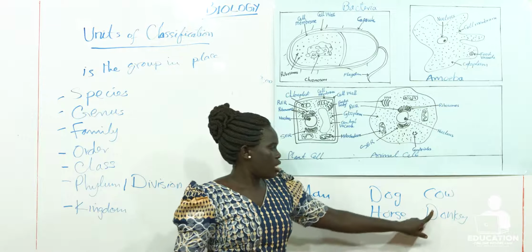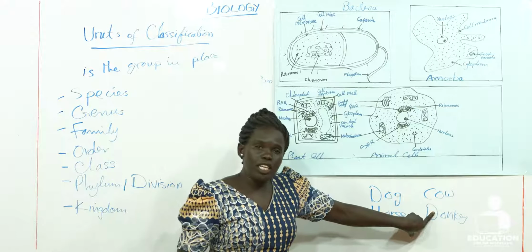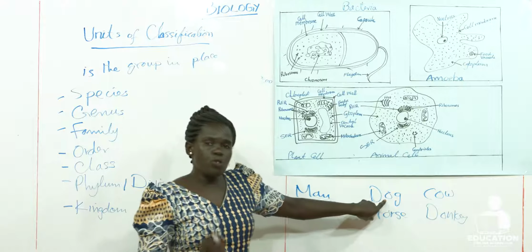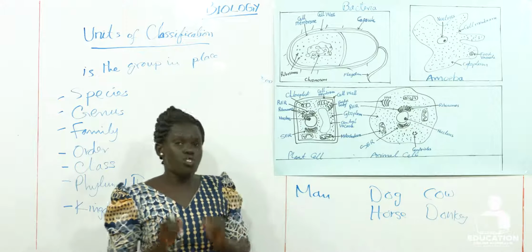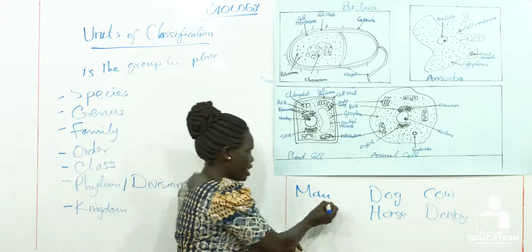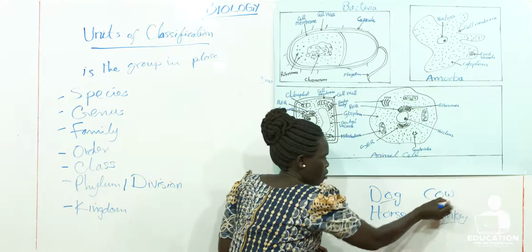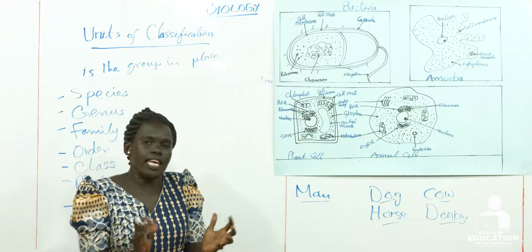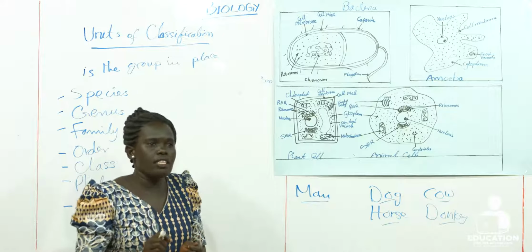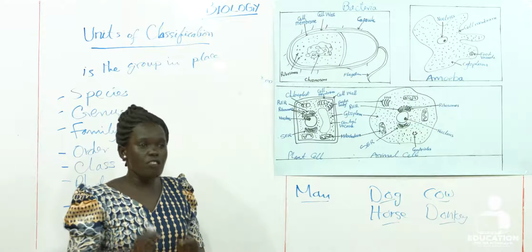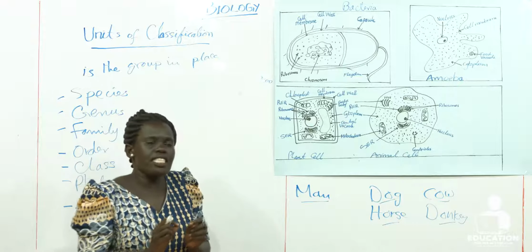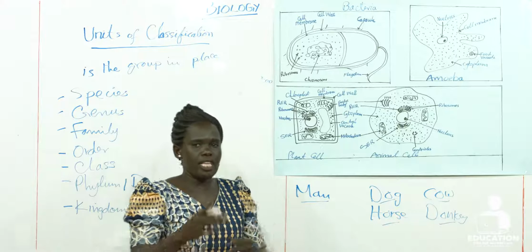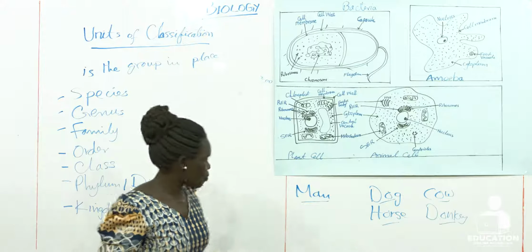Cow doesn't produce with donkey. Donkey produces with donkey, cow produces with cow, dog produces with dog, horse produces with horse. That means these are different species. Because the species is defined as a group of living organisms that can interbreed and give rise to offspring. And that offspring is fertile. That means when they grow, they also mate and they give rise to new ones.